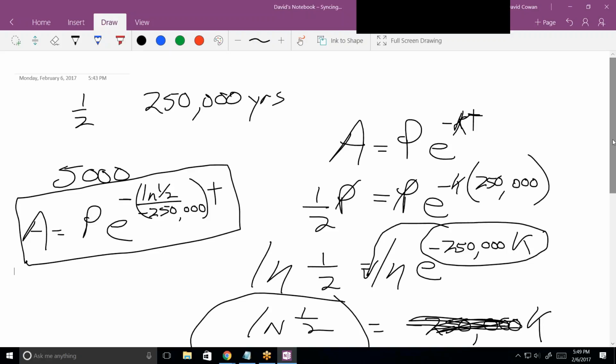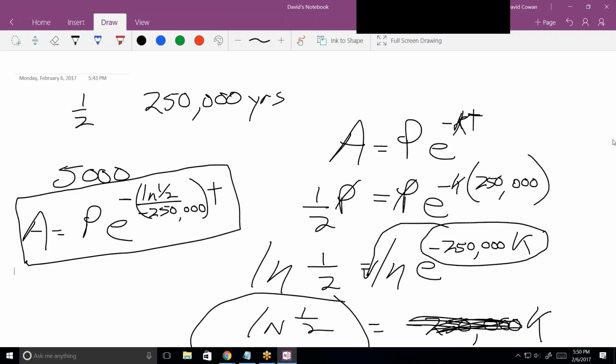It says the half-life of radioactive uranium is 250,000 years. What percent of the present amount of radioactive uranium remains after 5,000 years? Okay, so they didn't give it to you, which is fine because you don't really need it. They want to know what percentage.